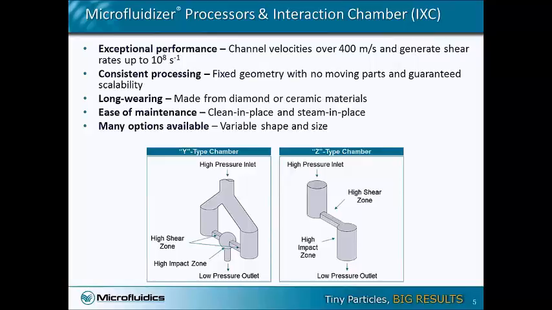The unique design of the interaction chamber is that there are no moving parts, so the geometry is fixed, which guarantees scalability. Also, the interaction chambers are made with very hard materials such as diamond or ceramic, which offers excellent wear resistance and chamber life.